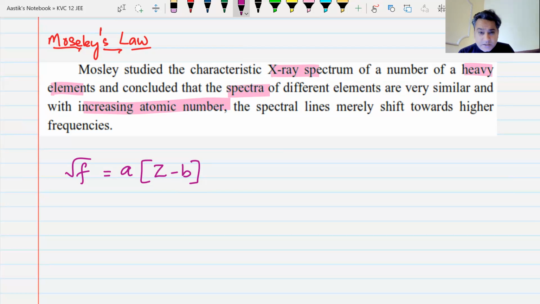And this A and B do not depend on the metal. That is the most important thing. A and B are actually constants. For any type of X-rays, A and B are constants, and they are independent of the type of metal. That is important.